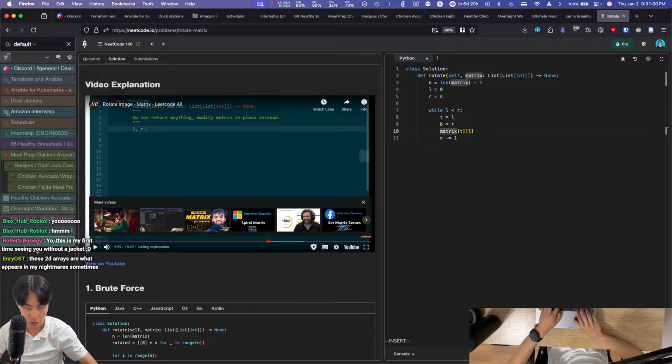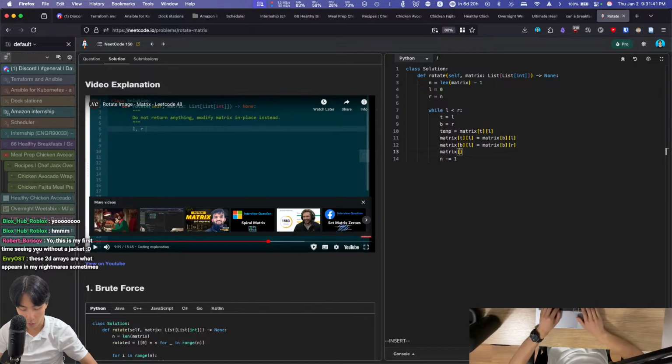Top left is going to be stored in a temporary variable. Matrix of bottom left, matrix of top left is going to equal matrix of bottom left. Matrix of bottom left is going to equal matrix of bottom right.